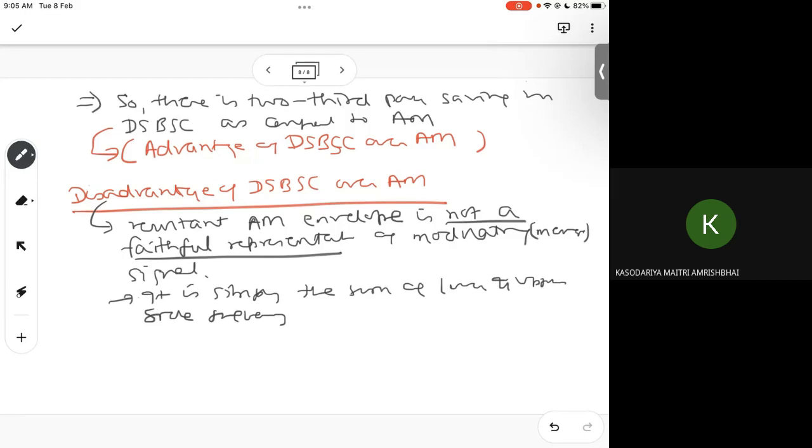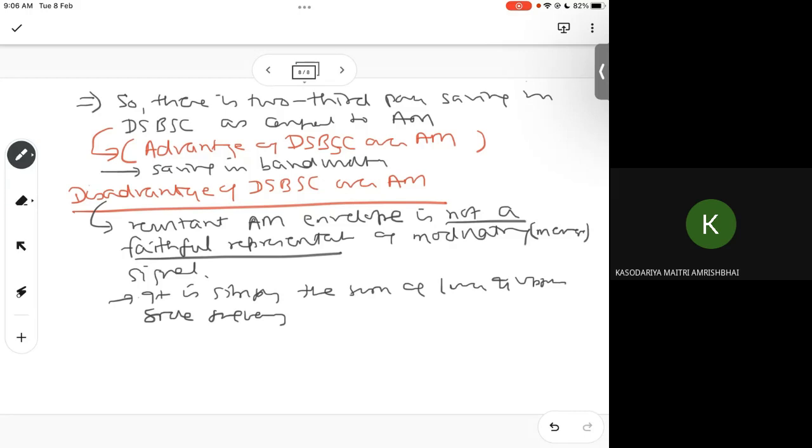One advantage, definitely, a lot of power saving. It is almost 2/3 of the power that is saved in the DSBSC. 2/3 power saving means only 1/3 power is transmitted compared to the AM signal. And the other thing, another advantage, is the saving in bandwidth, because you are removing the carrier.